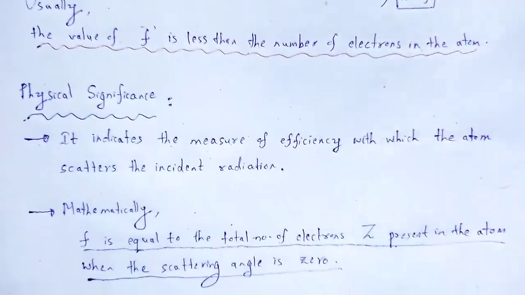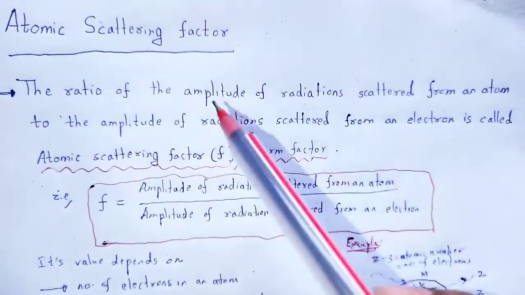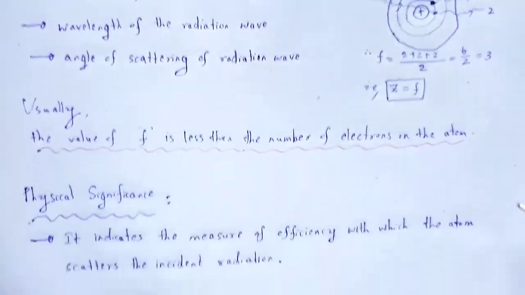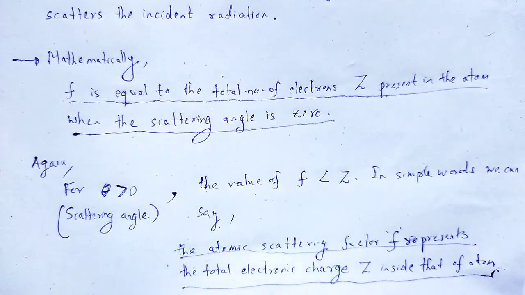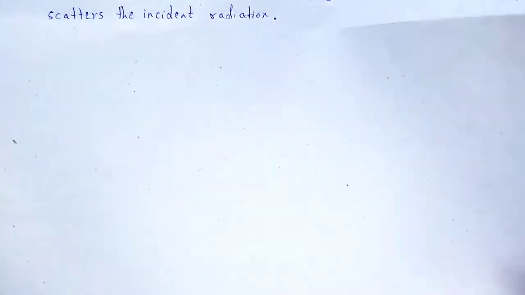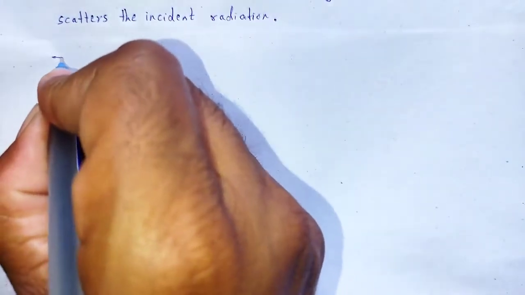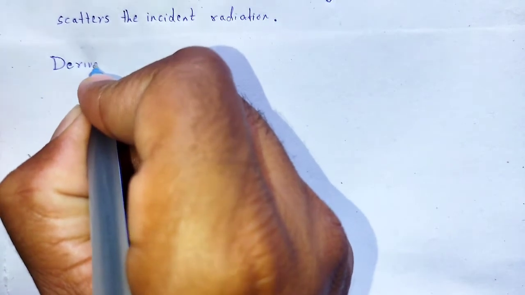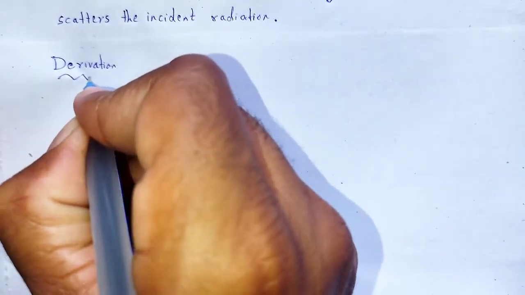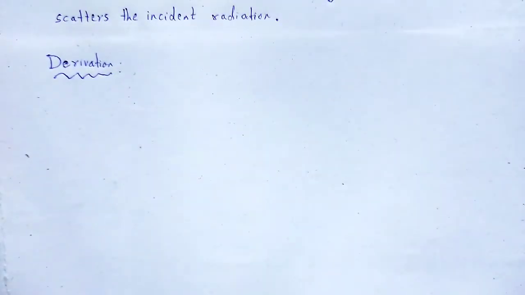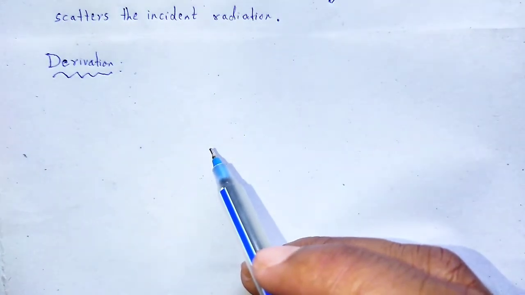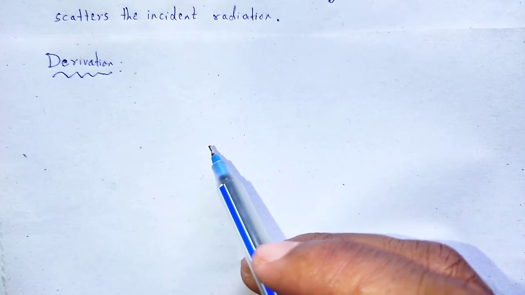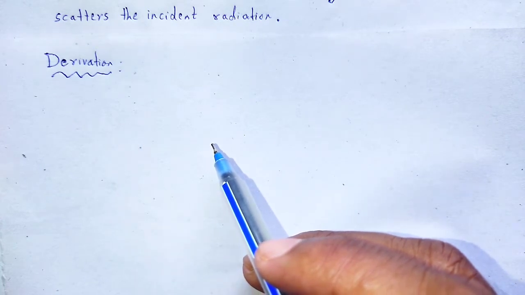Now we have to derive the atomic scattering factor. Derivation: to measure the atomic scattering factor, let me consider an atom.